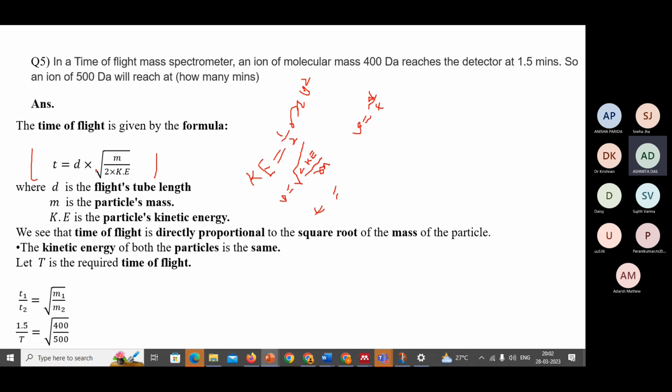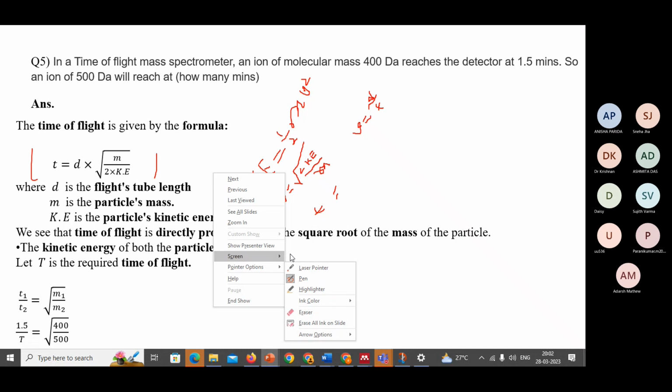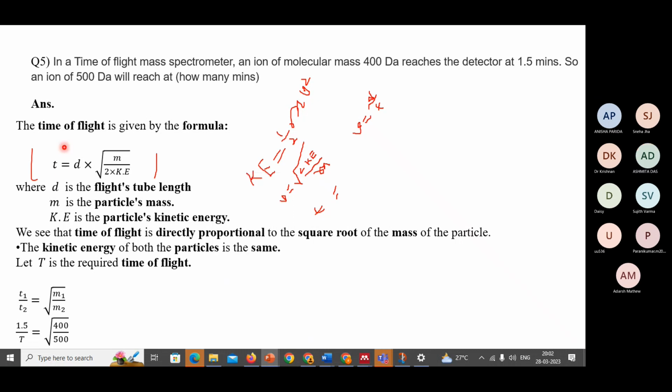Here, d is the flight tube length, m is the mass of the particle, and kinetic energy is the particle's kinetic energy.